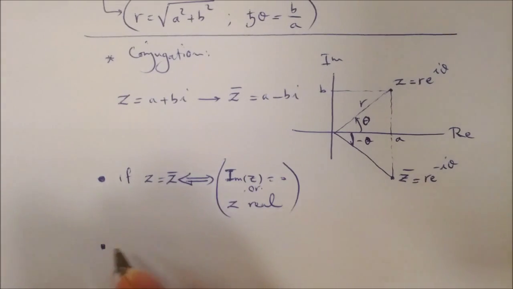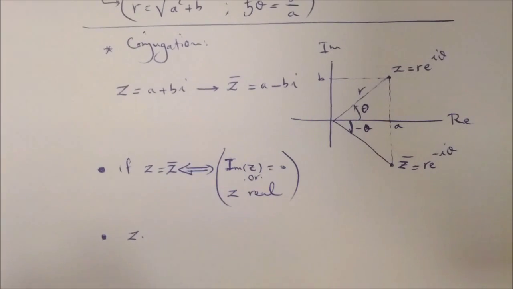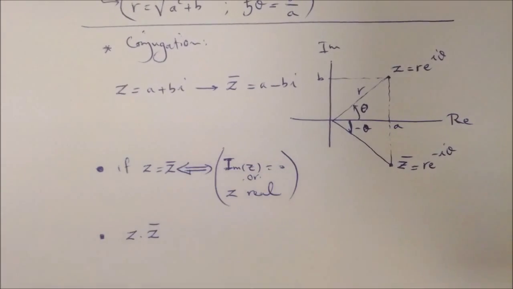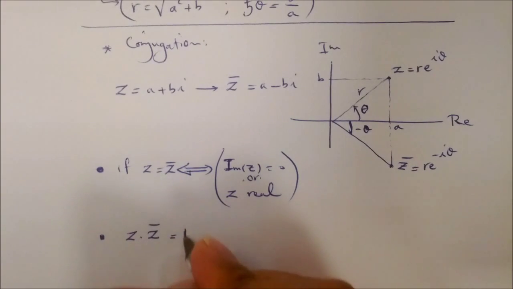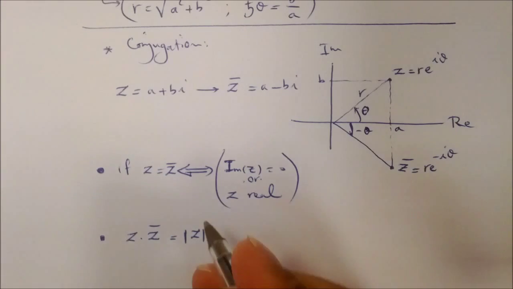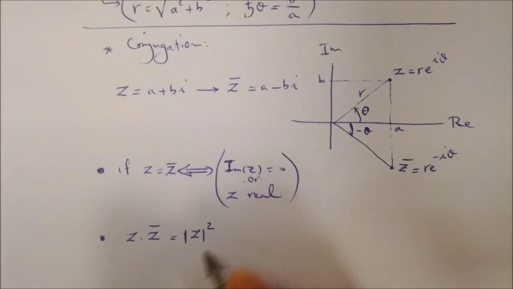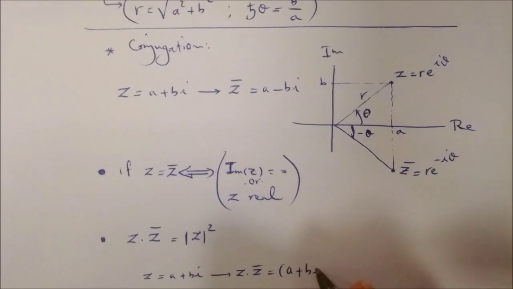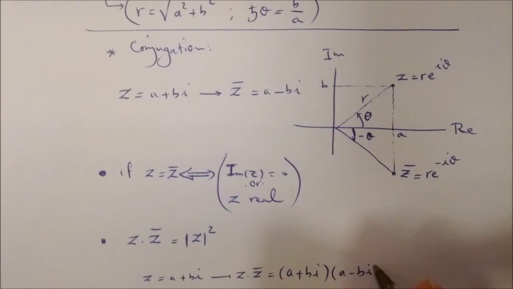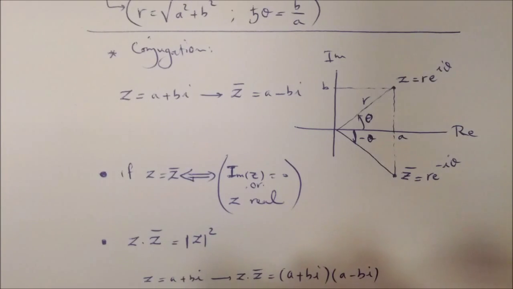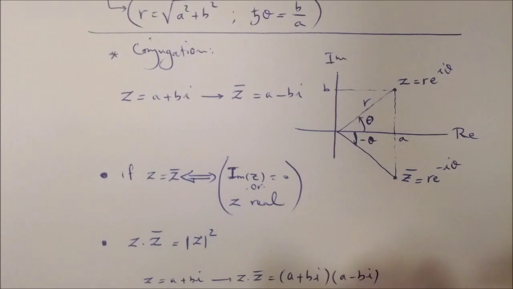And the other relation is that if I multiply any complex number by its complex conjugate, I'll have the norm of z, or the modulus of z, squared. For example, if z is equal to a plus bi, z times z bar will be a plus bi times a minus bi, and this will be a squared minus (bi) squared. So this will be a squared plus b squared, or r squared.